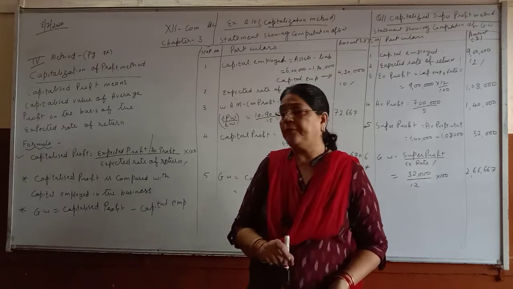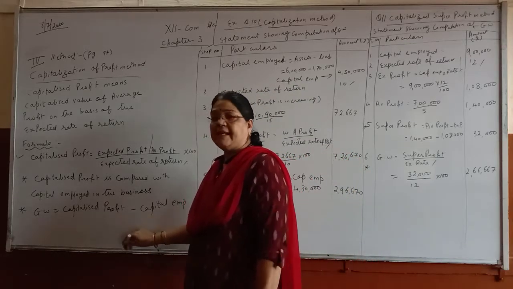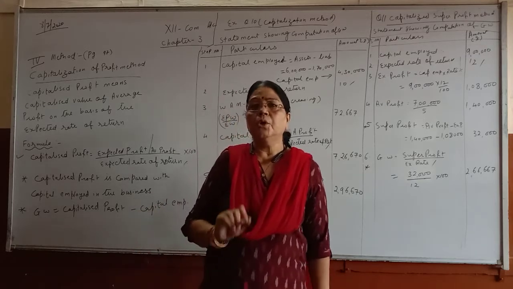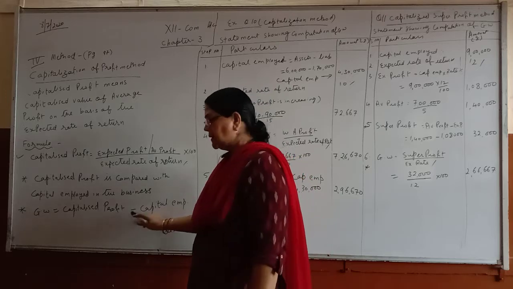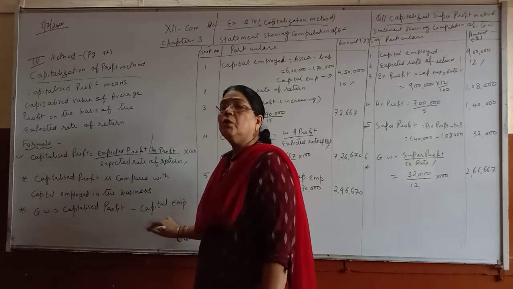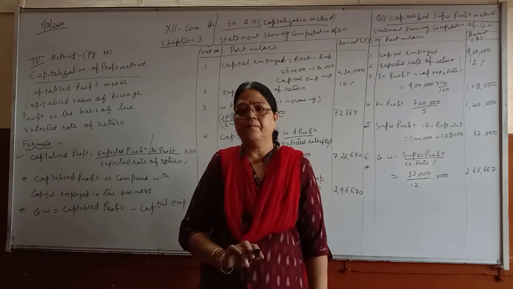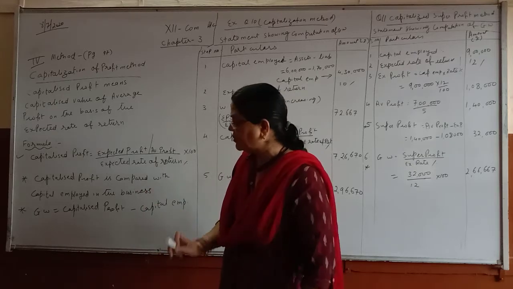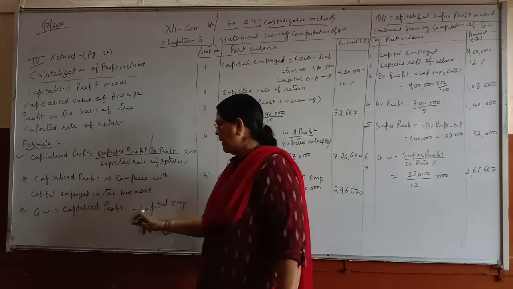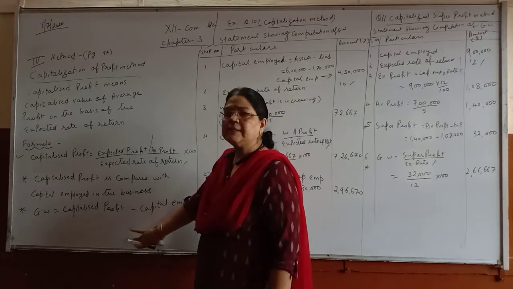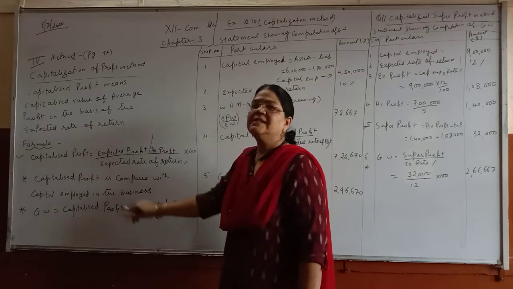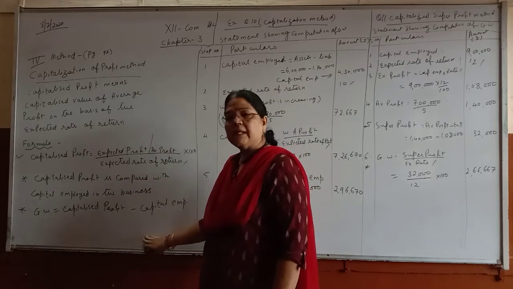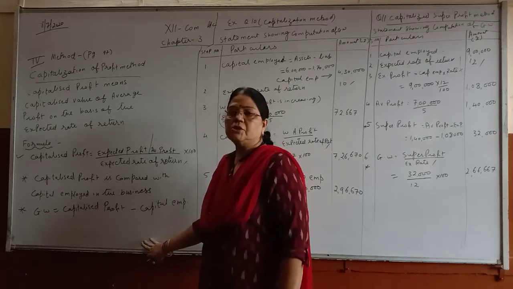But children, if capitalized profit is less and capital employed is more, then you will get a minus, a negative, which means goodwill does not exist. In short, you don't have to remember everything, only see capitalized profit minus capital employed. If you get some figure, then it is the value of goodwill. But if you get the answer in minus, then goodwill does not exist.